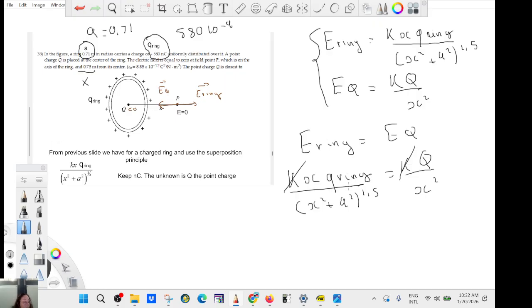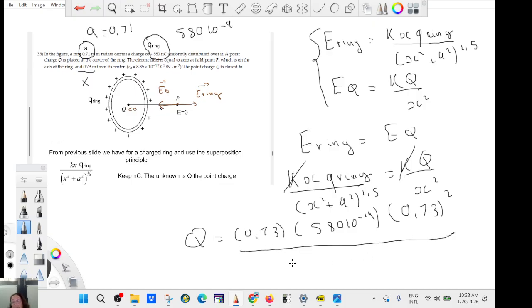So what do you get? Okay, so Q is x. x is given, 0.73. The ring is given, so 580 times 10 to the negative 9. x squared is given, so 0.73 squared, divided by, open the parenthesis, x squared plus a squared, where a is 0.71 squared, to the 1.5.